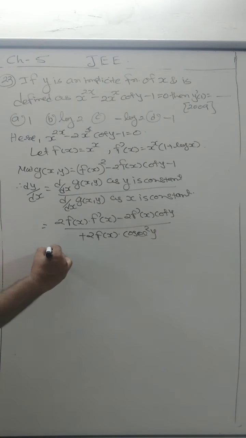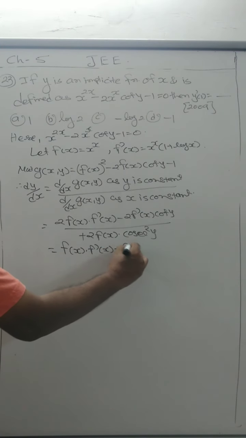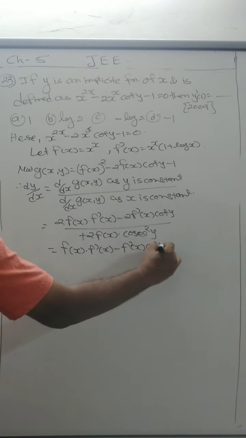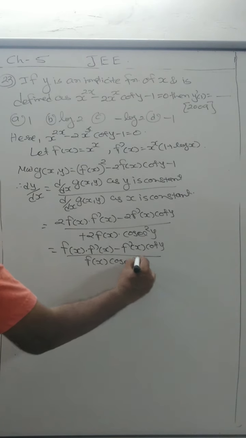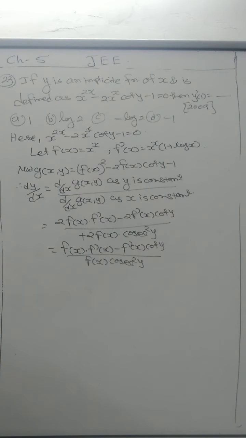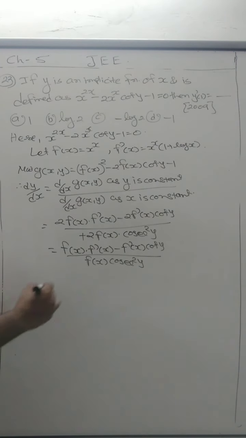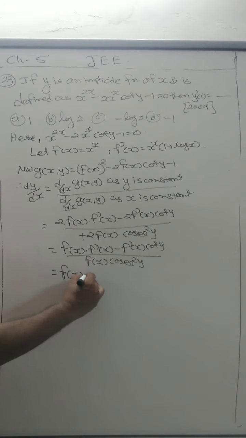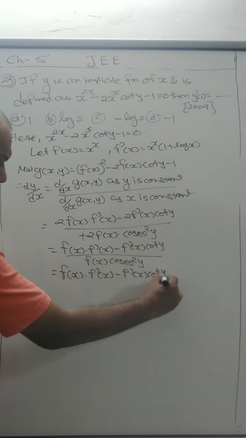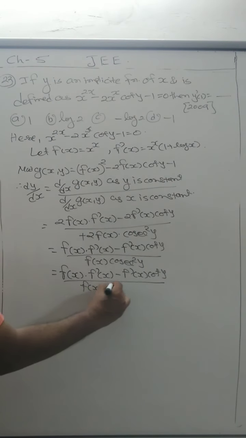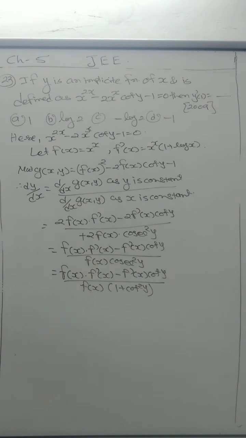Now 2 is removed, so our answer is f(x) into f'(x) minus f'(x) cot y upon f(x) into cosec squared y. Okay, so this is our first answer, but here cosec squared is equal to what? 1 plus cot squared. So we just put it f(x) into f'(x) minus f'(x) cot y upon f(x) into 1 plus cot squared y. Now we want to find y'(1).